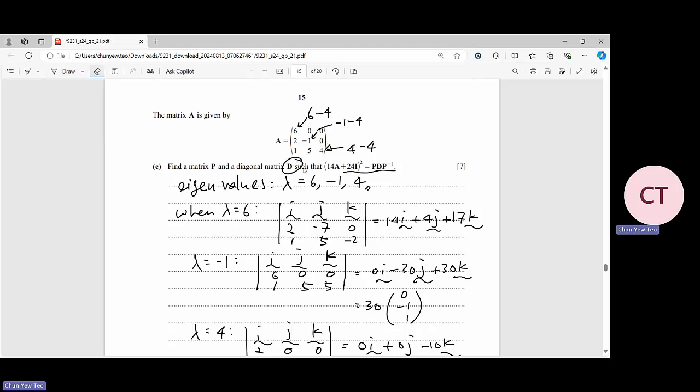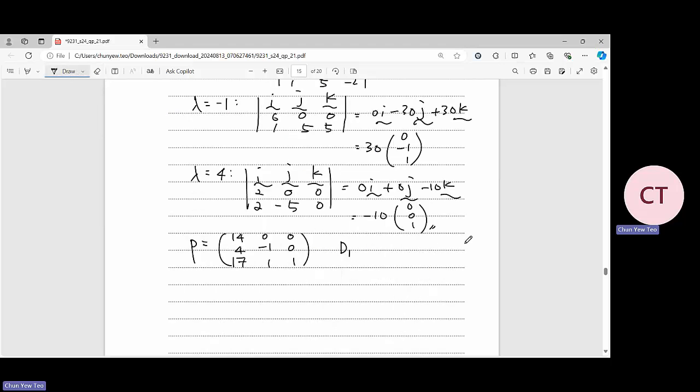So what I found here, we can only say that this is D1, not an actual D yet. The D1 will be 6, -1, 4 on the diagonal, with 0 elsewhere. So this is what we have at the moment.